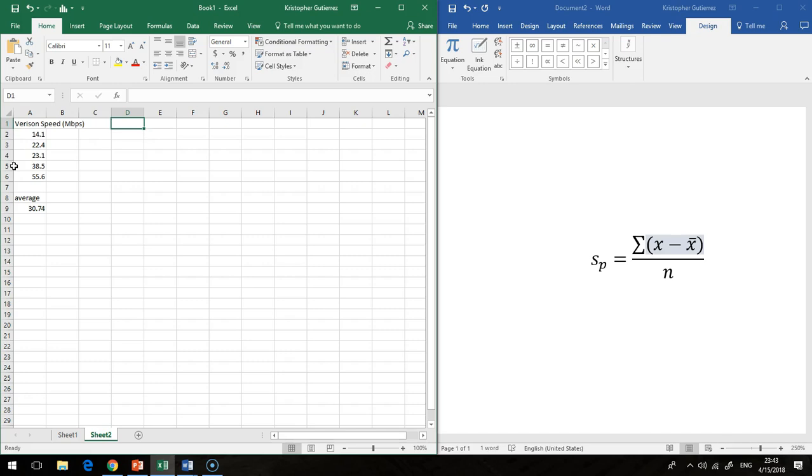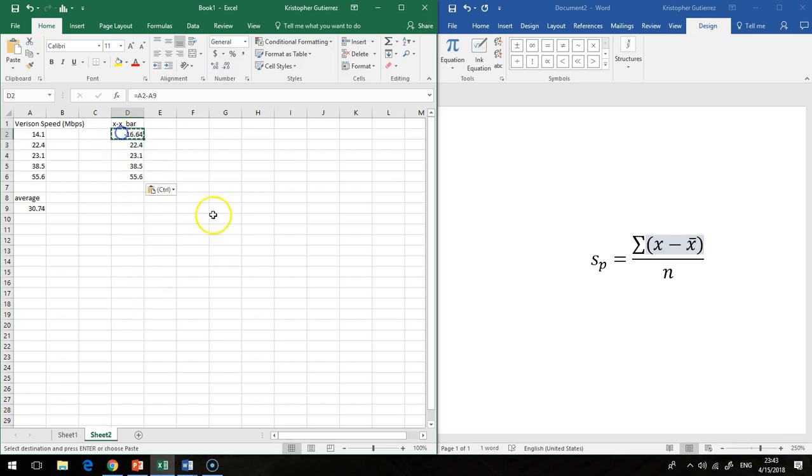And this here is going to be x minus x bar. And so that will equal this minus this. So that'll give me negative 16.64. All right, let's go ahead and take a look at that. Now we can copy and paste that here.